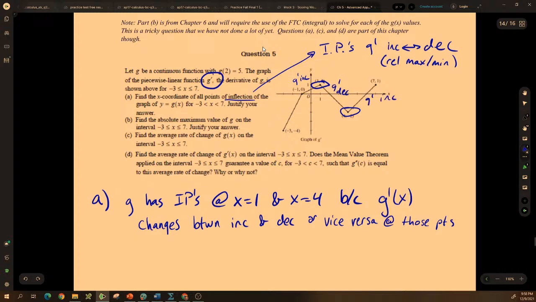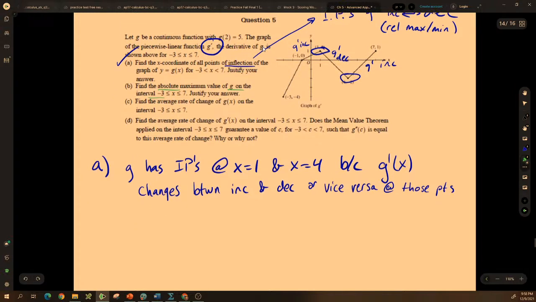Okay, B, find the absolute maximum of G on the interval from -3 to 7. This one is a little bit tricky, and again, this is actually the next chapter, but we'll just skip ahead and think about it. So how do I find an absolute maximum? I take G prime of x, set it to 0 because I want the maximum of G. And so that would be at -1, 2, and 6.